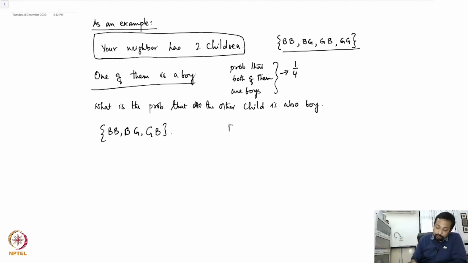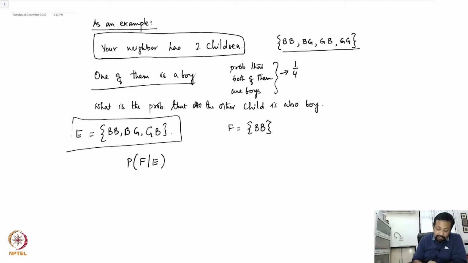So let's call both of them being boys as F, and this restricted set as E. Because this E is essentially the answer to the statement that if one of them is a boy, then your new sample space is just these three, which is E.